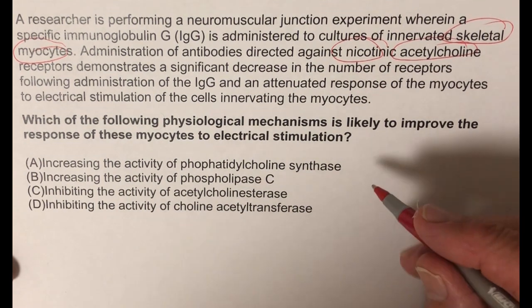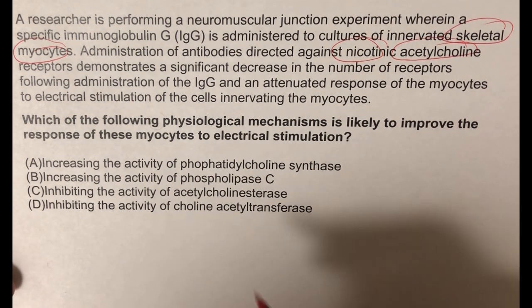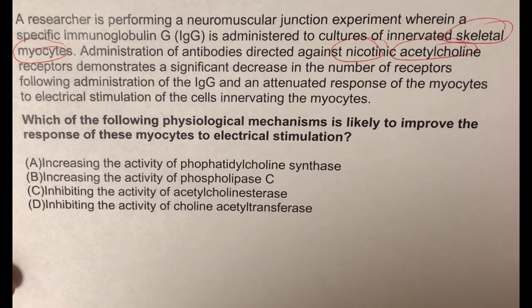So if we look at the choices A, B, C, D, we're looking for something that can improve the electrical response or the contractile response, because we know the principle of excitation-contraction coupling. Electrical stimulation comes before contraction. So let's see if we can figure this out.